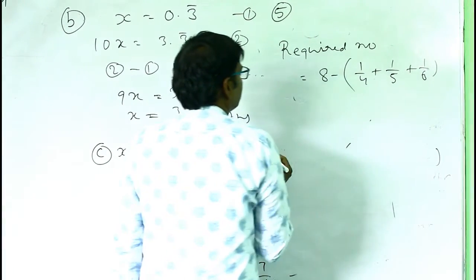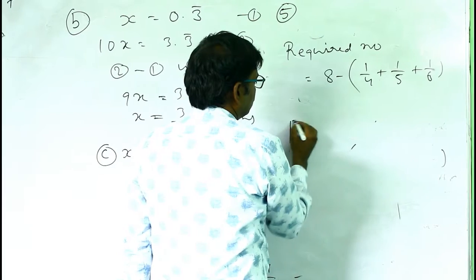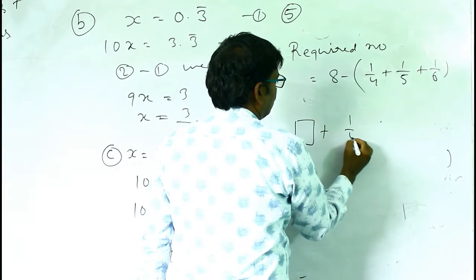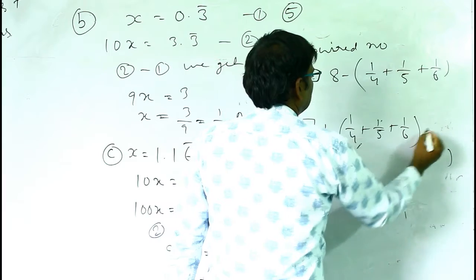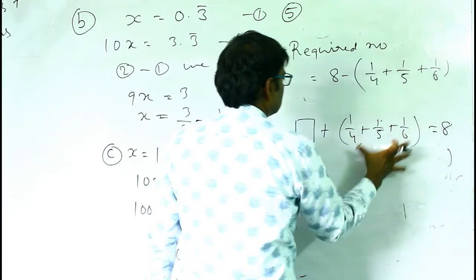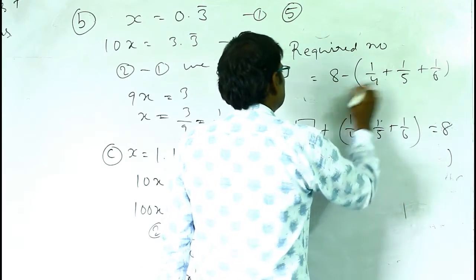Actually, the question is like this: what should be added to 1 by 4 plus 1 by 5 plus 1 by 6 to get 8? So you will take this to the other side, then it will be 8 minus this.